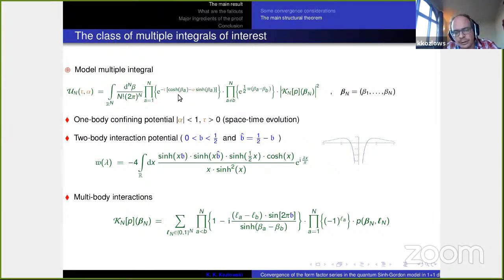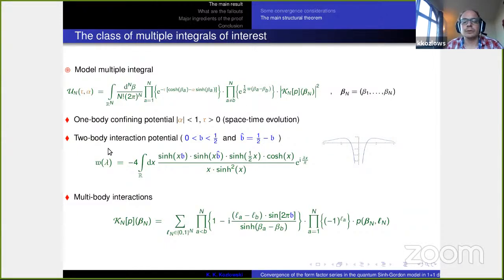Then there is a one-body confining potential, e to the minus r cos beta a minus alpha sinh beta a. So this potential arises for each of the integration variables. Then you have a two-body interaction between the integration variables, which couples pairs of variables beta a minus beta b and depends on the difference.